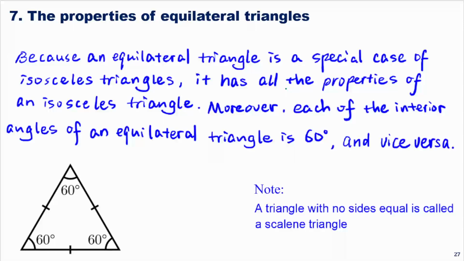Moreover, each of the interior angles of an equilateral triangle is 60 degrees, right? And vice versa. So if you can prove a triangle has 3 internal angles of 60 degrees, then this triangle is actually an equilateral triangle, right? Also note that the triangle with no sides equal has its own name, which is called a scalene triangle. Are you clear?